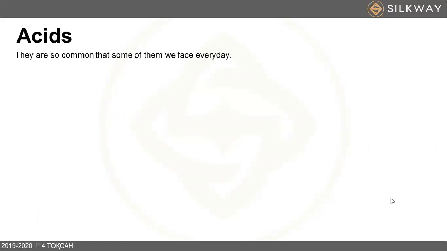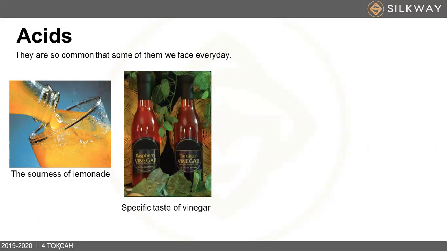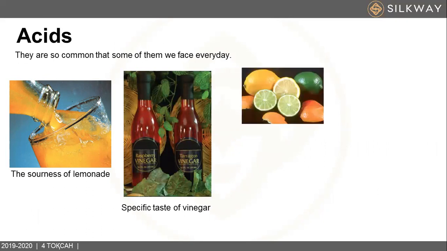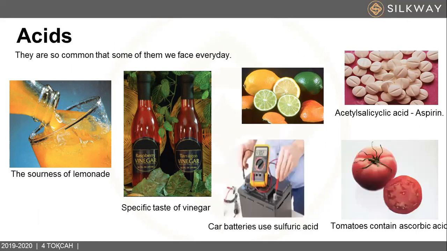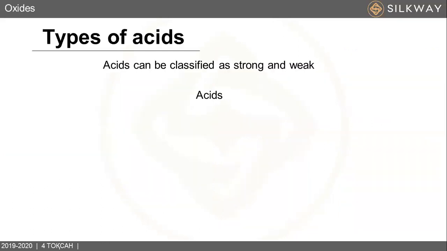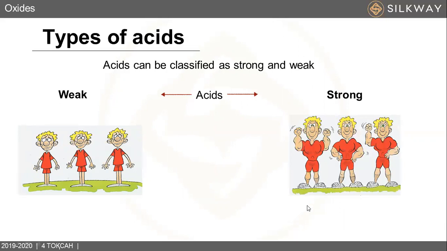Acids are so common that some of them we face every day, like the sourness of lemonade, specific taste of vinegar, lemon, aspirin, tomatoes, car batteries. All of these compositions contain acids. Acids can be classified as weak and strong.